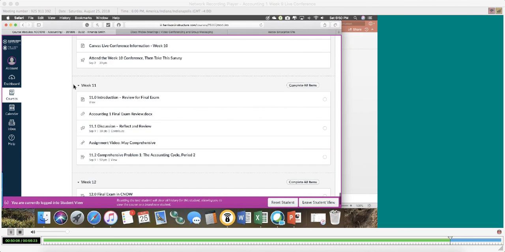And then if you go to week 11, you have comprehensive problem 1, accounting cycle period 2. The period 2 is May. Yes, I do suggest if you have printing capabilities to print that out, but it is like 30 pages.